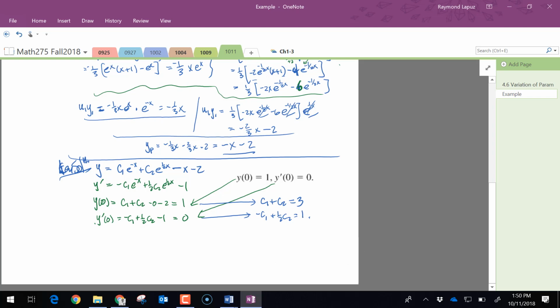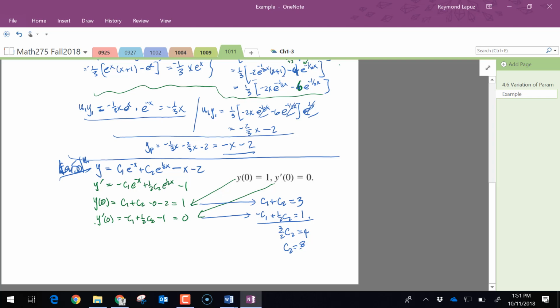And I think if we just add these, the C1s would go away. All right, so we take the reciprocal, so that would be 8/3, right?